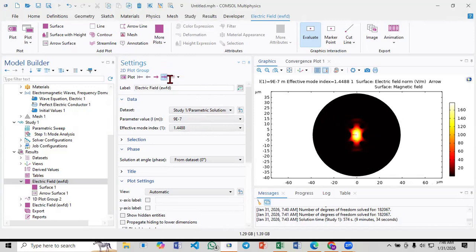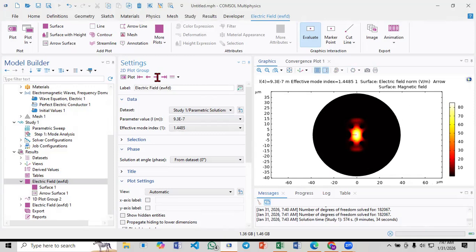Then you have to change it to up, and then it will change the parametric value of the upper portion. If you make it down, then it will change the effective mode. Now we want to change the effective wavelength, that's why I tap. Okay, then change it.